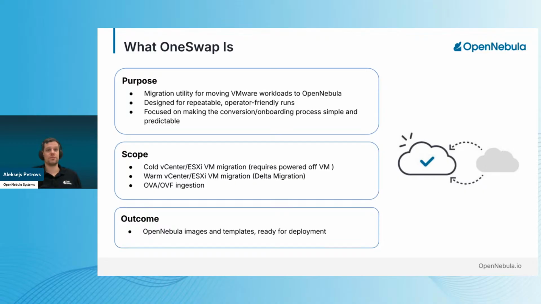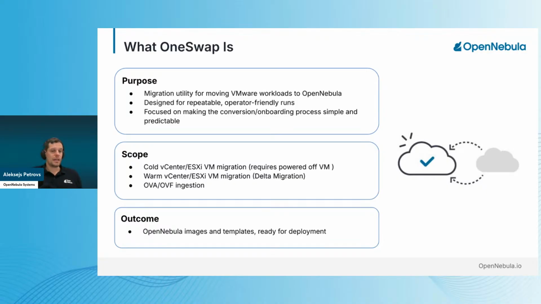So sometimes you may allow yourself to power off the virtual machine and export it, just to make the migration a bit more prepared and slightly easier, and even maybe slightly faster, right? So for that purpose, OneSwap offers the import functionality and not only the migration from a currently running VMware infrastructure.